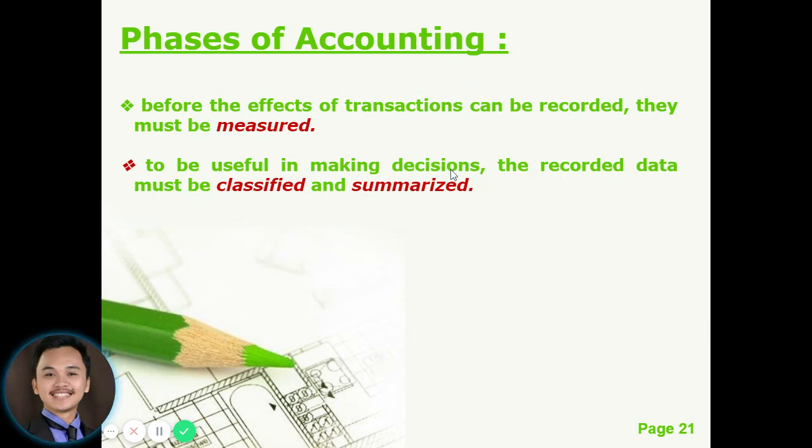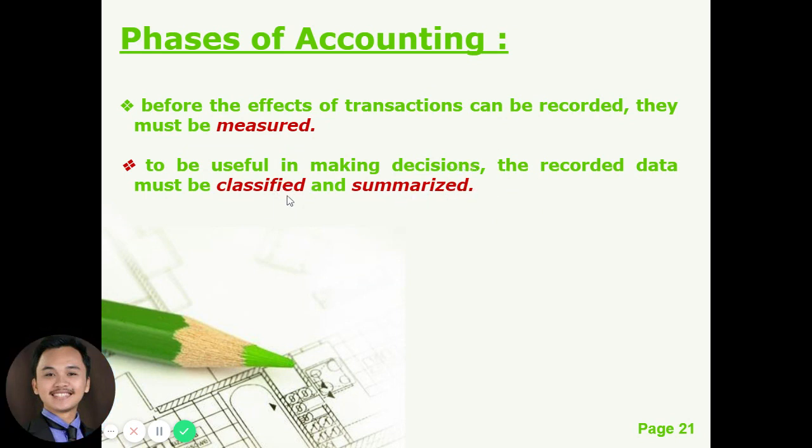Another, to be useful in making decisions, the recorded data must be classified and summarized. First, it must be measured, and then it must be classified and then summarized. Classified meaning, after you have recorded it, you will be grouping it depending on their classification. So, for example, all assets will be recorded in this separate group, all liabilities will be recorded in this separate group, and all equity accounts will be recorded in a separate group.